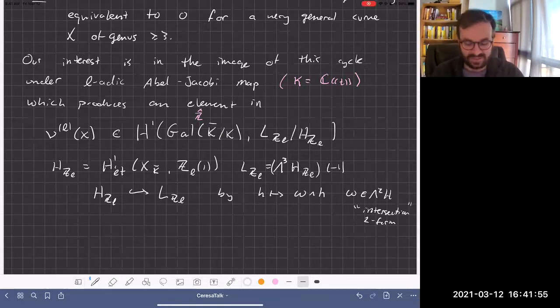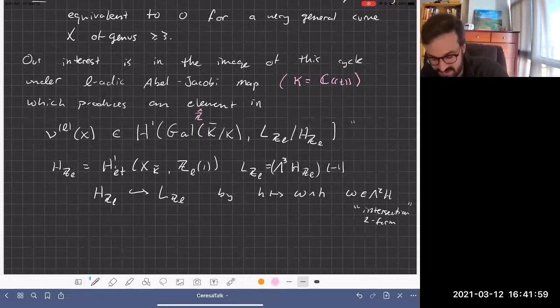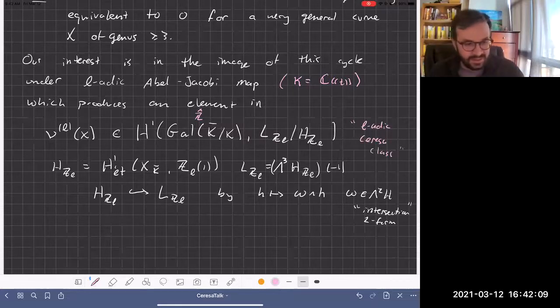Right, so this class that we get here is what's called the Ceresa class, or the L-adic Ceresa class. I don't want to say too much about how we get the space here.